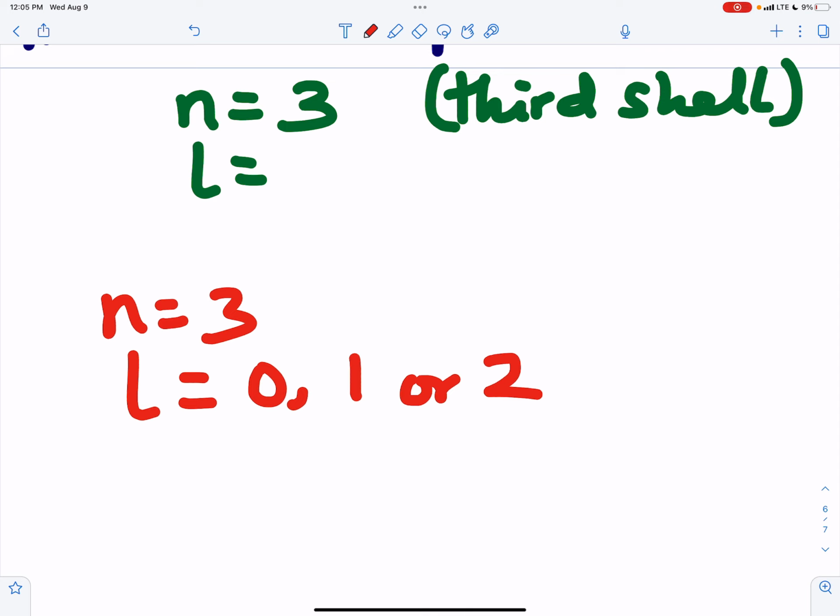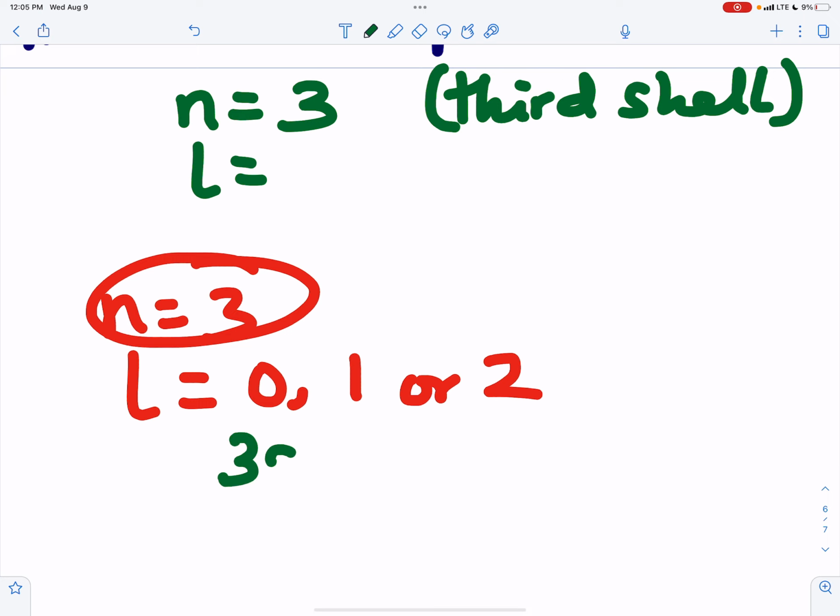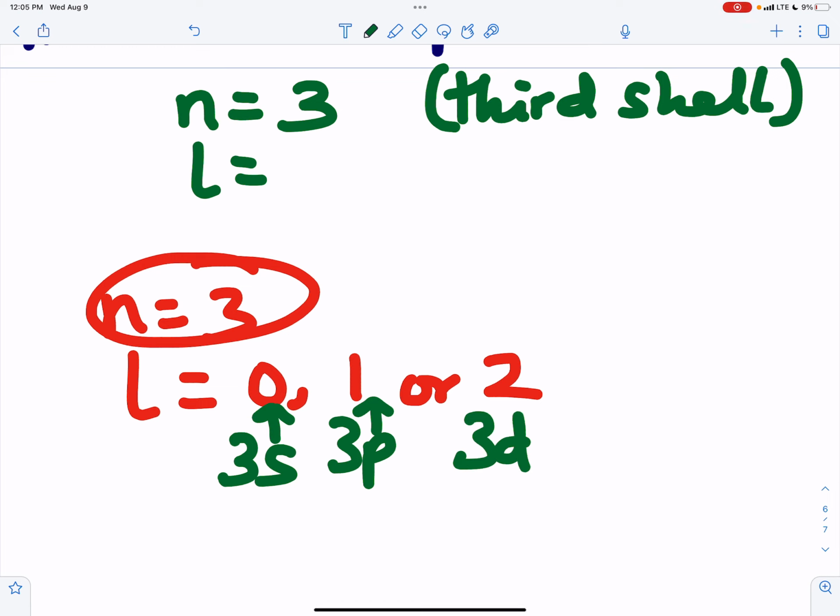So if an electron is in the 3rd shell, it will either be inside the 3s subshell, which has an L value of 0, or the 3p subshell, which has an L value of 1, or the 3d subshell, which has a subsidiary quantum number of 2.